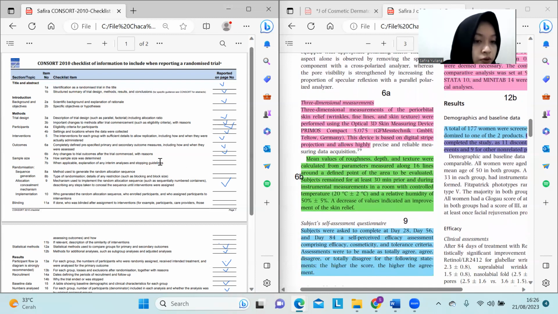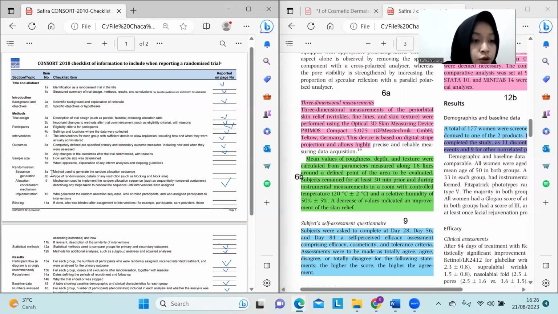And next we move to randomization, the sequence generation, number 8A and 8B. The method to generate the random allocation sequence is not stated, and number 8B is the type of randomization. Details of any restriction such as blocking and block size are not stated in this journal.